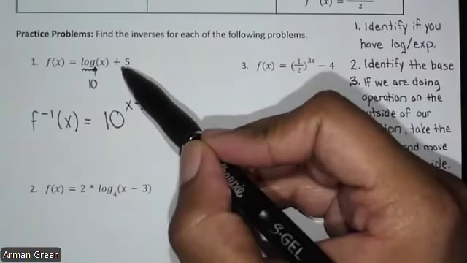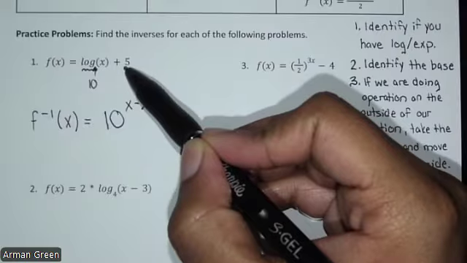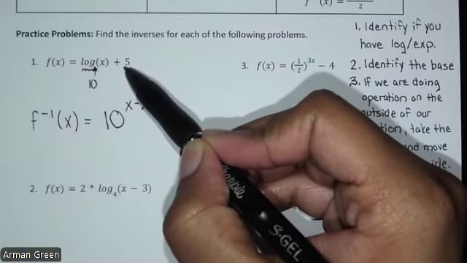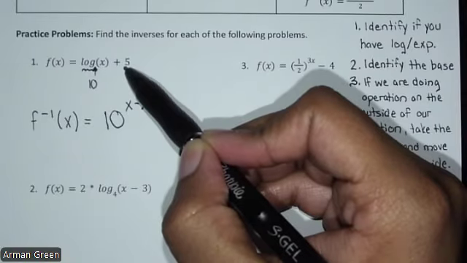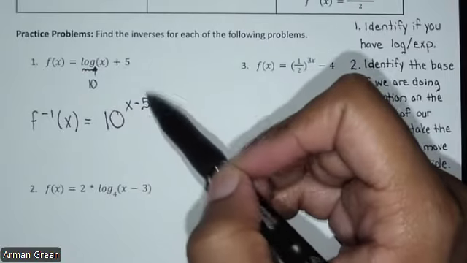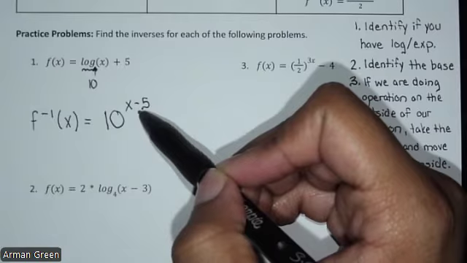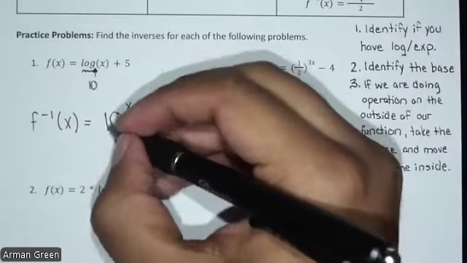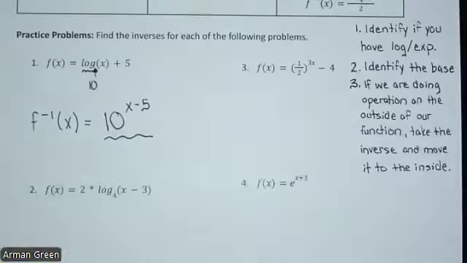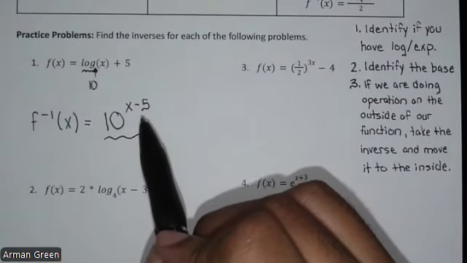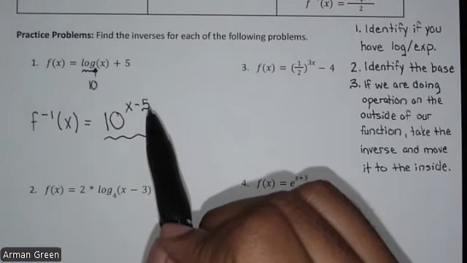So we take this plus 5, do the opposite, which is minus 5, and instead of keeping it on the outside, we move it inside of our exponent. So now this here is our inverse. It is 10 to the power of x minus 5.